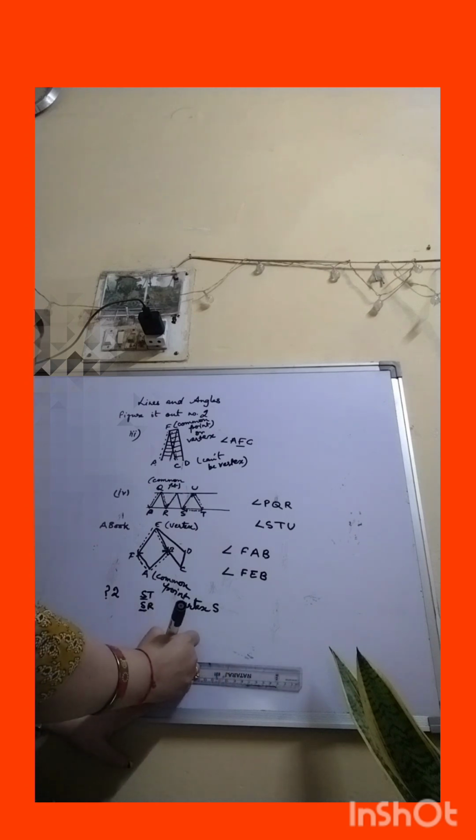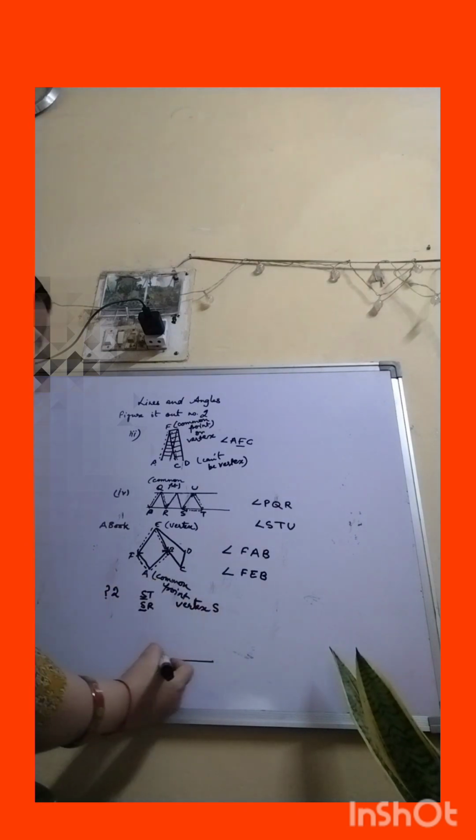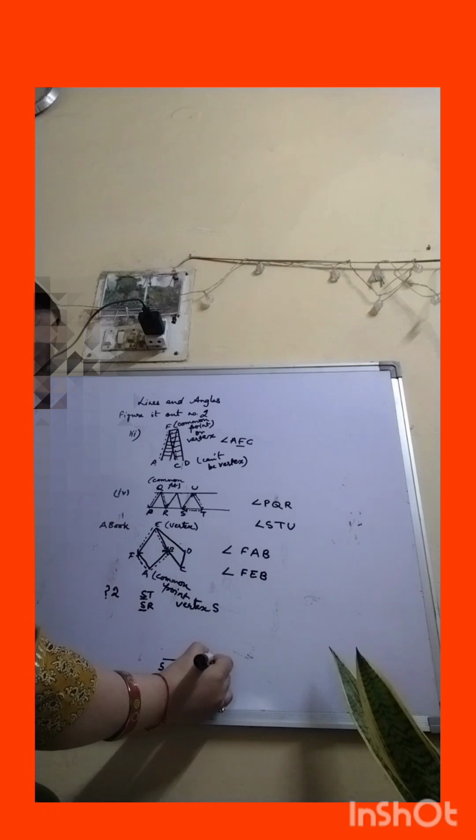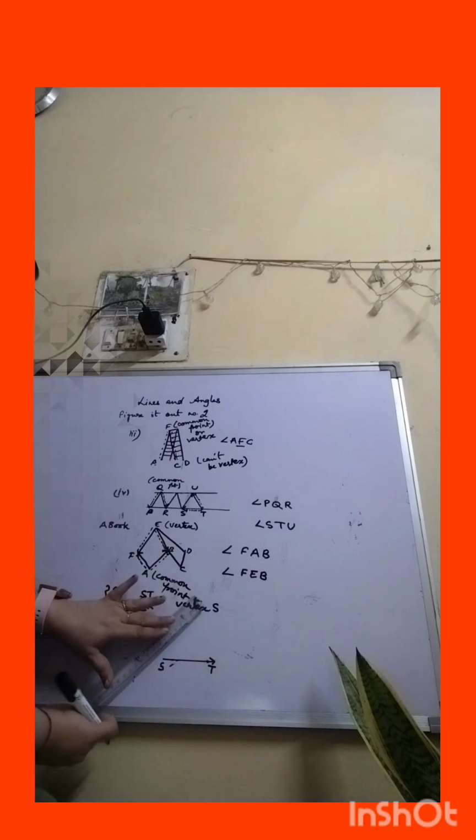And now I would start drawing the angle. I would take one ray and name it as ST, and then I would draw another ray going from the point S only, and I would name it as SR. So my rays are here again.